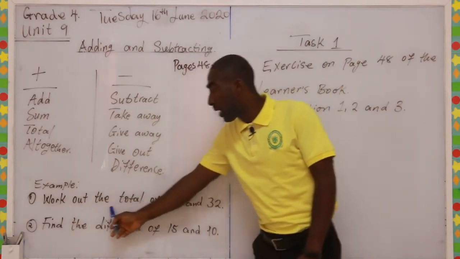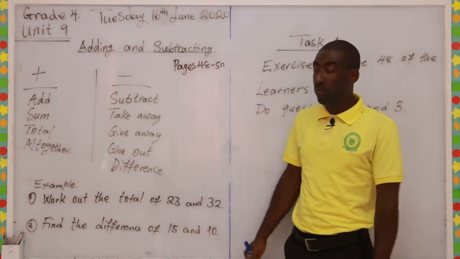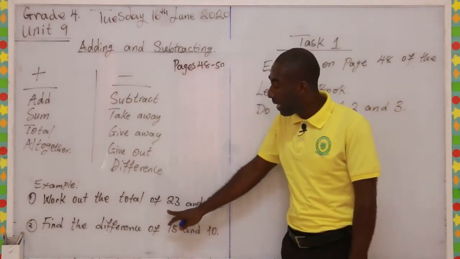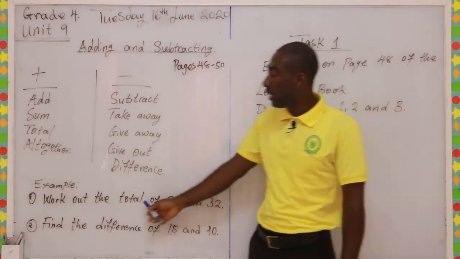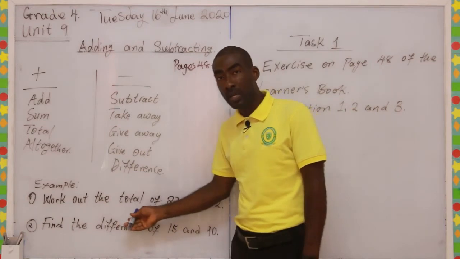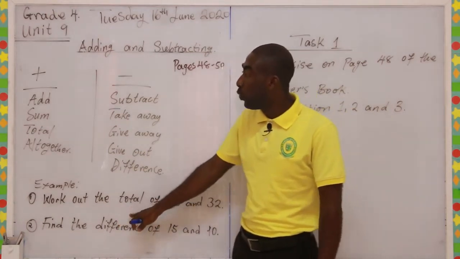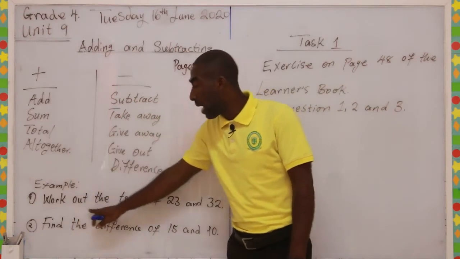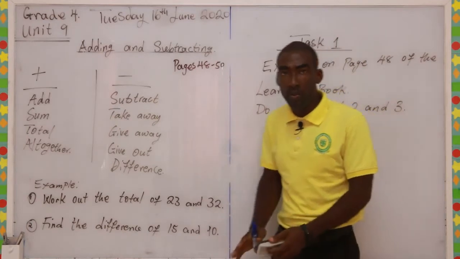It says that we should work out the total of 23 and that of 32. That means we need to add 23 and 32 because the key word here is total. So total means we are adding. In the same way, we can put all together: work out 23 and 32 all together.